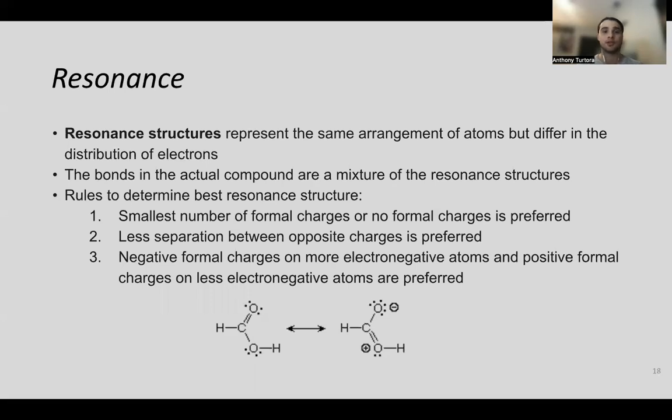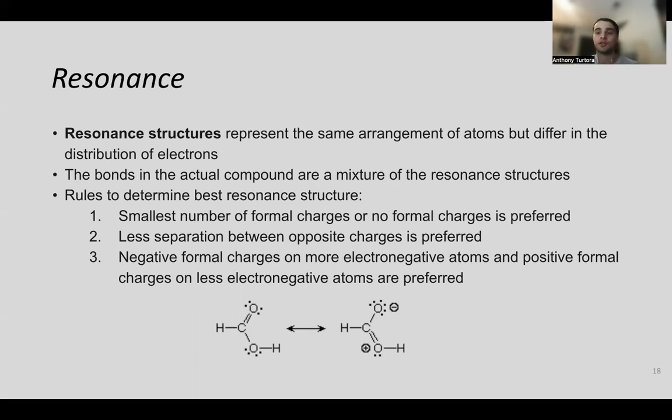So what resonance structures do is they represent the same arrangement of atoms, but they differ in the distribution of the electrons. The bonds in the actual compound are going to be a mixture of these resonance structures, with the resonance structure that minimizes formal charge being the one that is closest to the real thing.